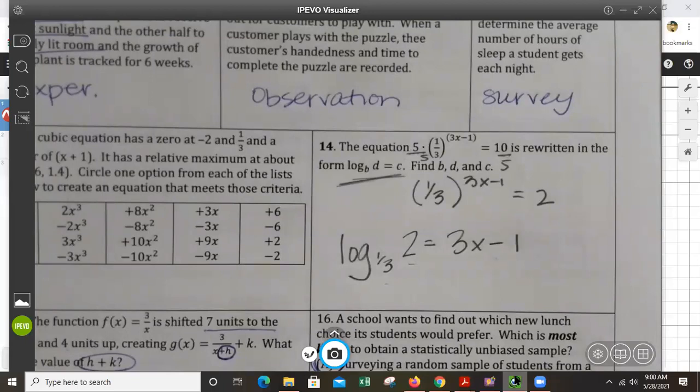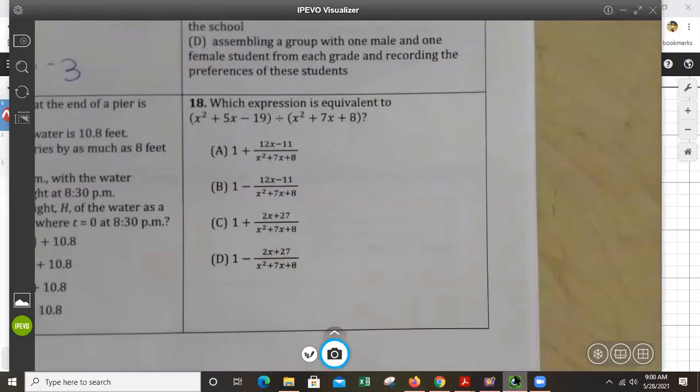Any questions? All right, let's look at 18. I will come back to 13. Look at 18. Which expression is equivalent to this? Remember, I told you anything that looks like this, equivalent, Desmos, 100% Desmos. So I'm going to drop back to that real fast, and I'm going to put these in.